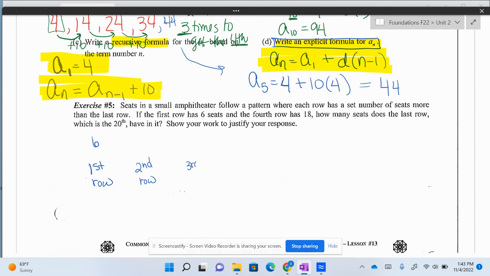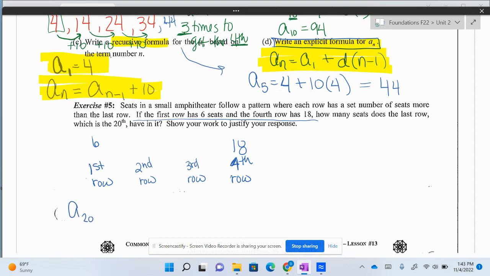We don't know how many the third row has, but I think we do know how many are in the fourth row. How many seats are in the fourth row? It says it right here. How many seats are in the fourth row? 18. We need to figure out how many seats are in the 20th row.